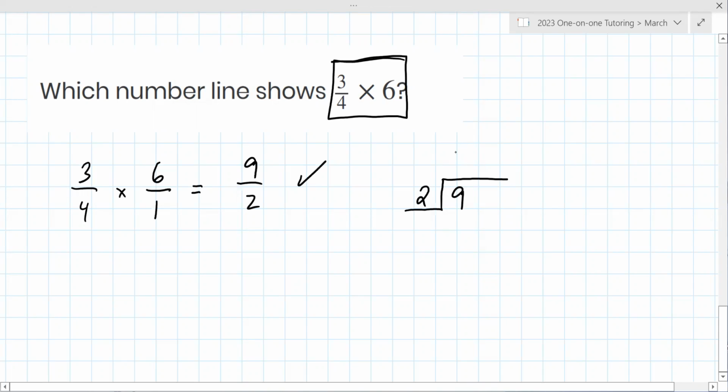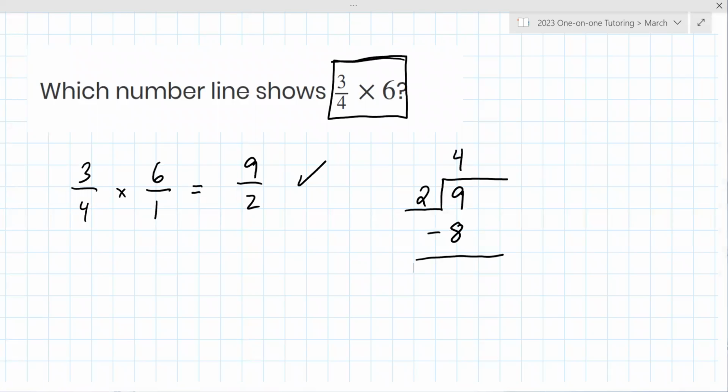Two. So 4 times. 2 times 4 is 8. 8 is less than 9. Do you see that? Yes. And 9 minus 8 is 1.